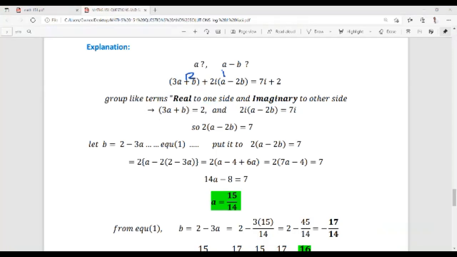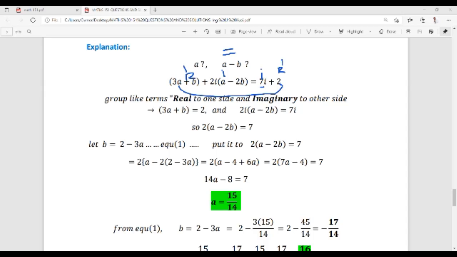If you look here, this is the I because I is attached to the 7, and this is the R. So we can clearly say that this is R and this is R. So actually R is equals to R, is that not it? So we can say the whole of this is equals to 2. Do you agree?